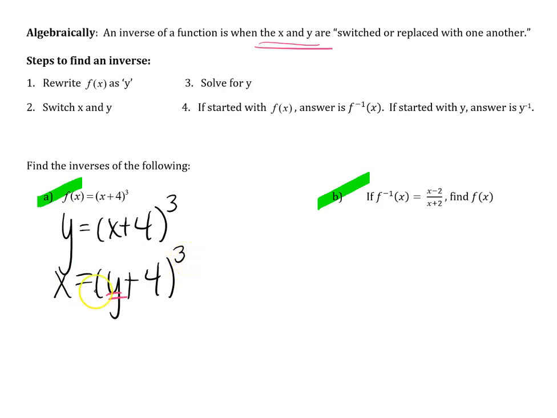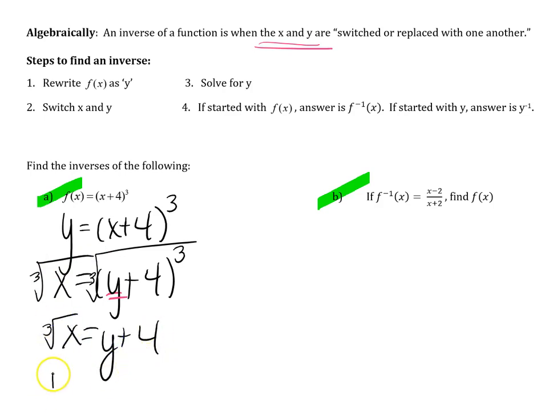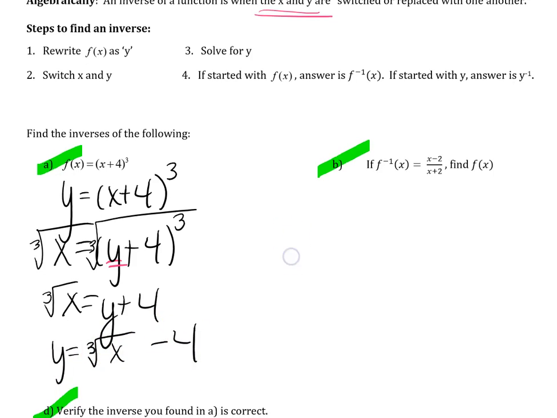So I'll undo the third root with the cube root, and subtract 4. Now keep in mind, it's not y, it's f inverse of x. We just called it y to help us solve. And we're done. That's your inverse.